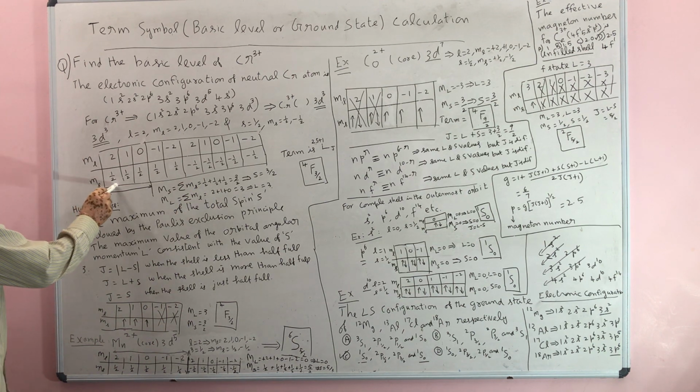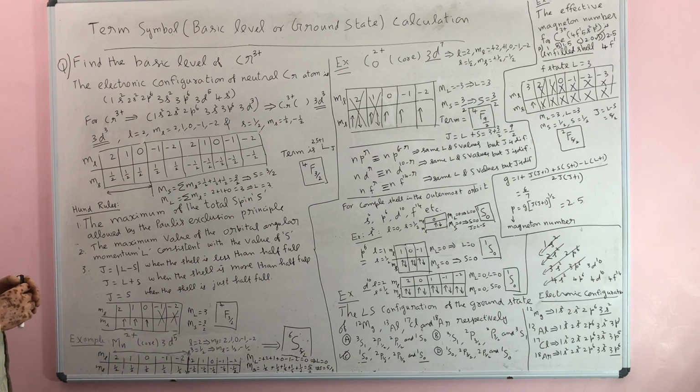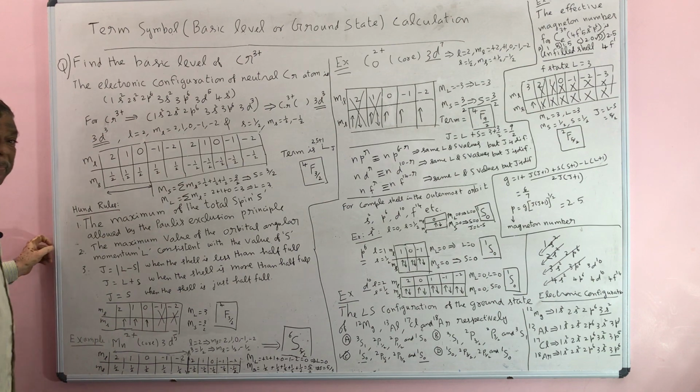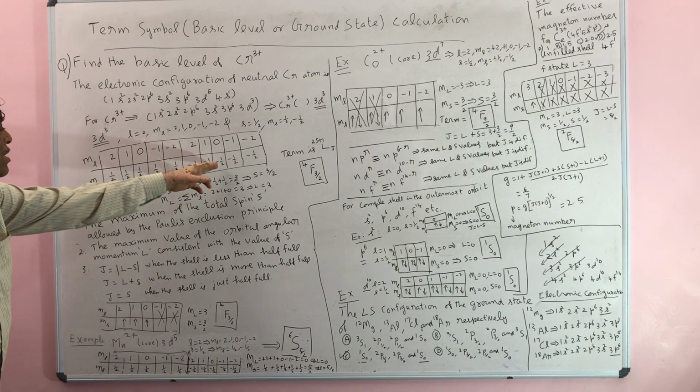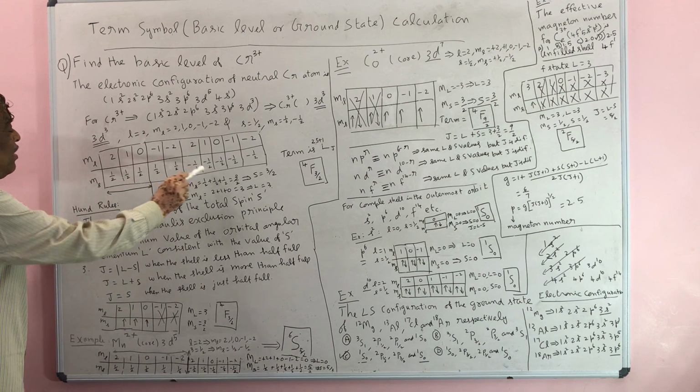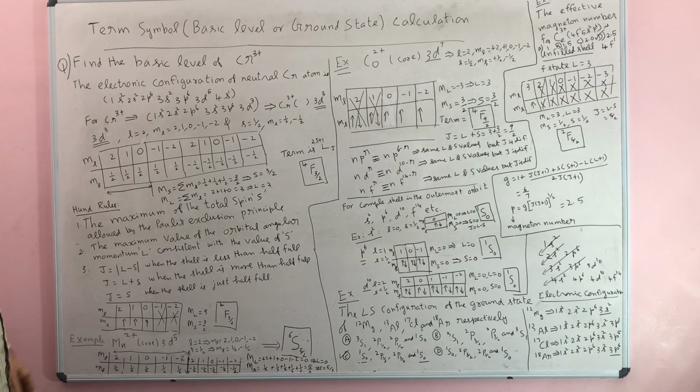If you take plus half, plus half, plus half, then only you get the maximum MS value. If you take 2 plus and 1 minus, then plus half, plus half, minus half, the MS value will be only half.